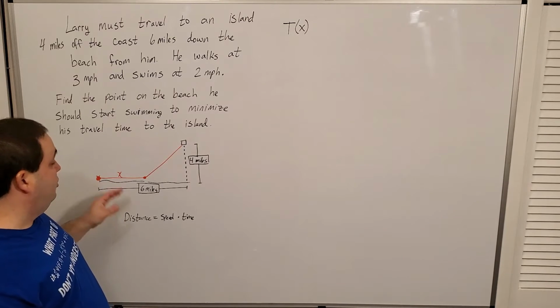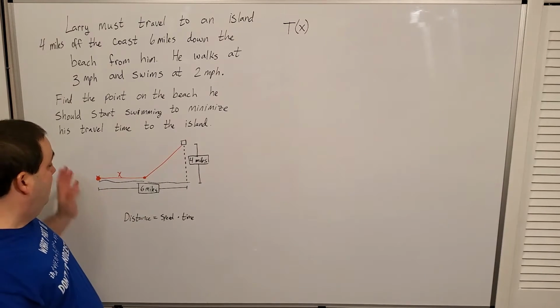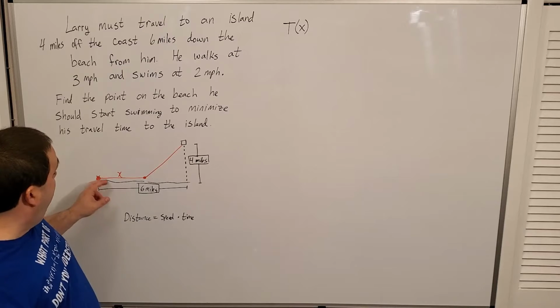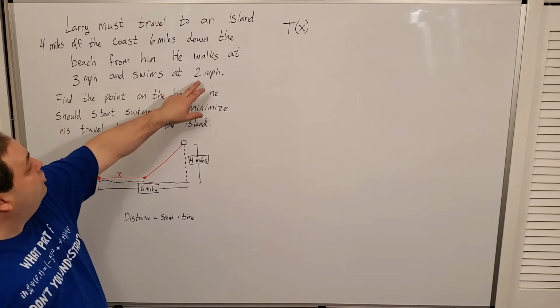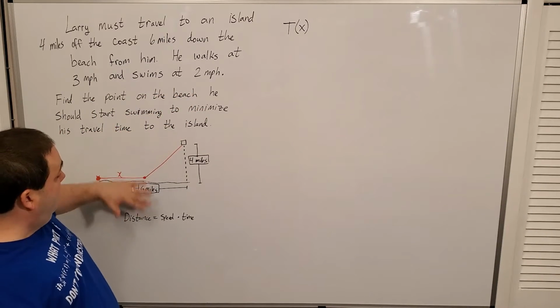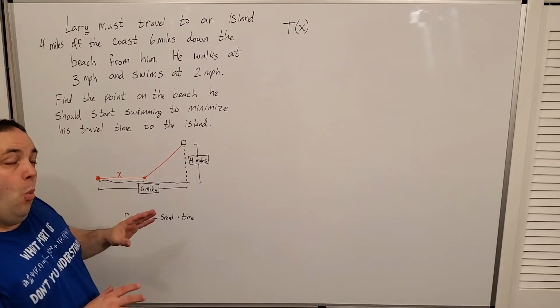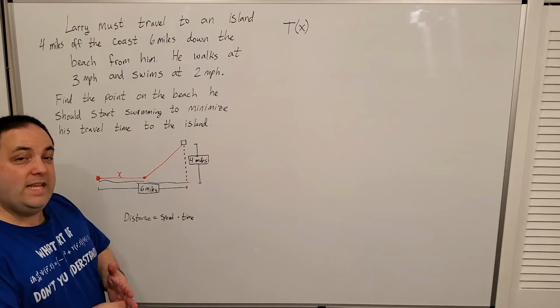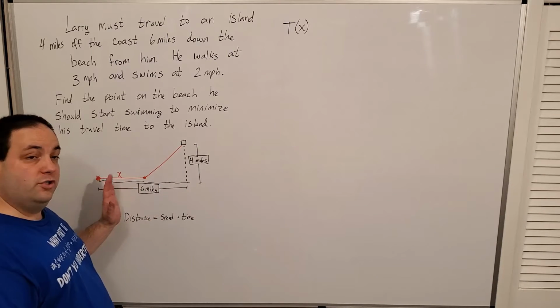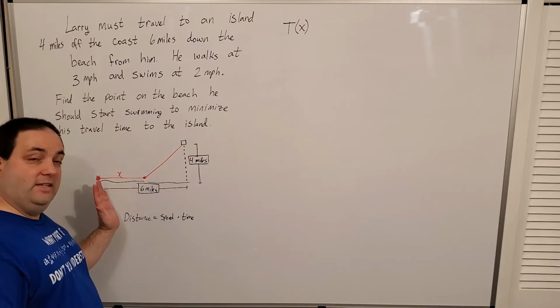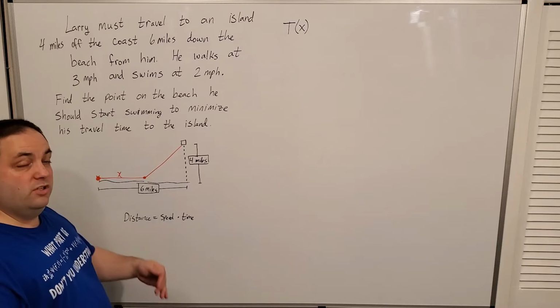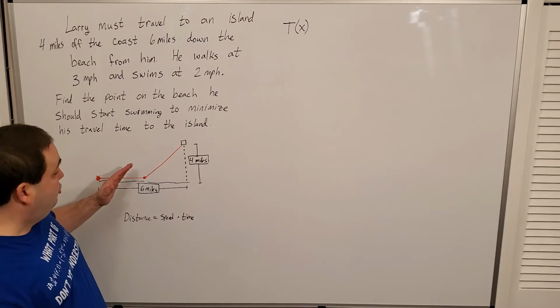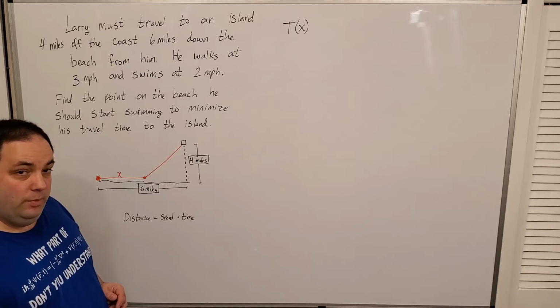Okay, if it was just, hey, find the minimum distance, that'd be no problem. But as it is right now, because he can travel at different speeds in different modes, it kind of weights, as in gives weight to one version versus the other one, right? He's a little bit faster on land, so he might want to go just a little bit further, even if it changes the minimum distance a little bit.